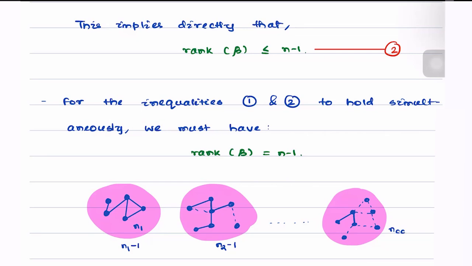Then this is the nccth component, which has, say, nk number of nodes. Then the incidence matrix has a rank of nk minus 1.